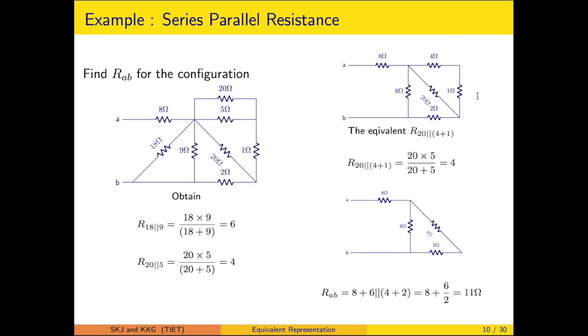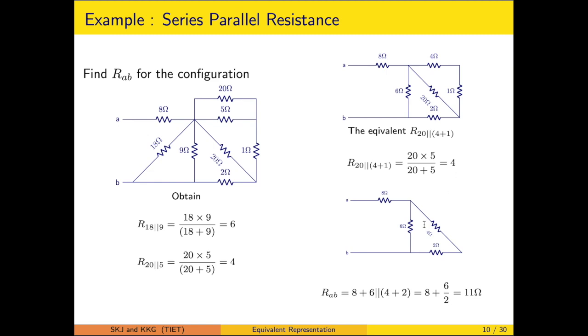Next we see that the 4 ohm and 1 ohm resistances are connected in series, resulting in 5 ohm. This is connected in parallel with this 20 ohm. So 5 and 20 again make 4 ohm.